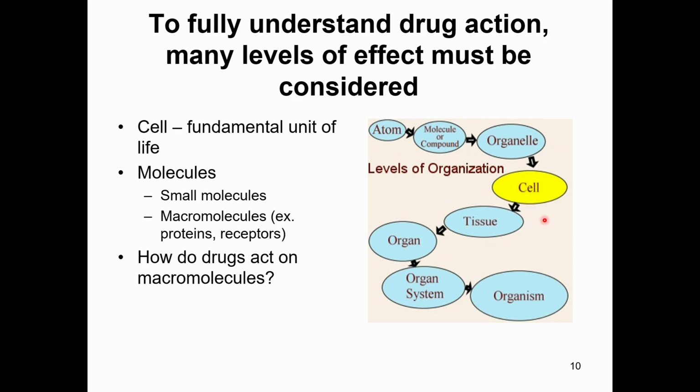Does it affect tissue organization or tissue function? And ultimately, of course, that's going to affect the organ itself. And then we have organ system and organism. So we really want to understand the biology all the way from the molecular level through the physiological level, and then how it affects the whole patient.